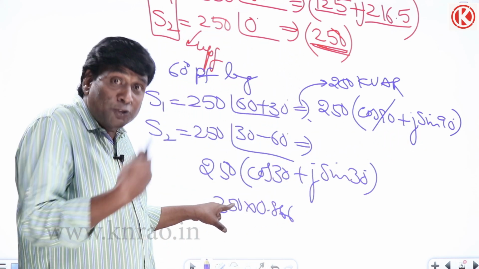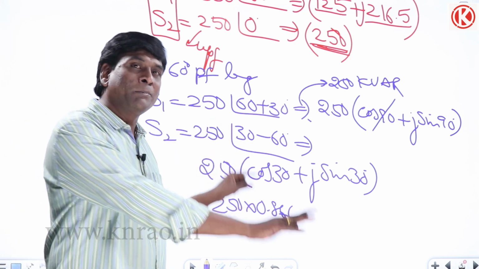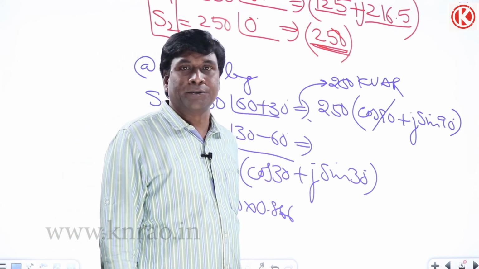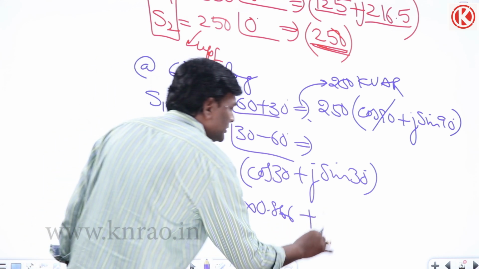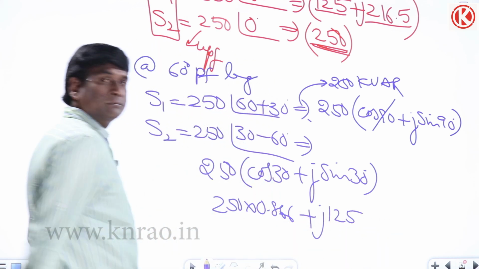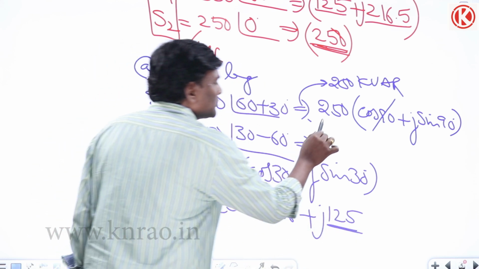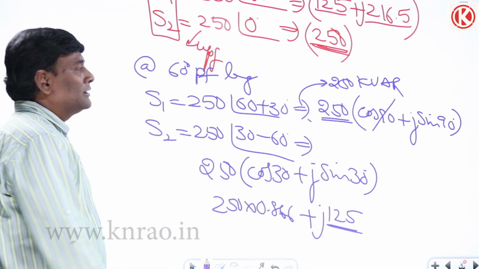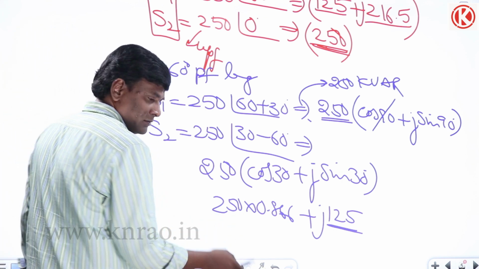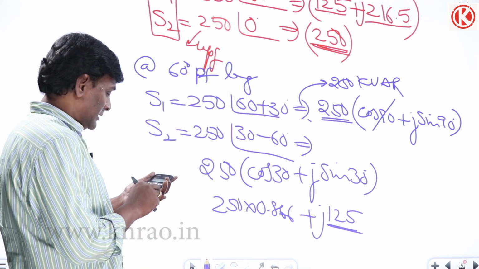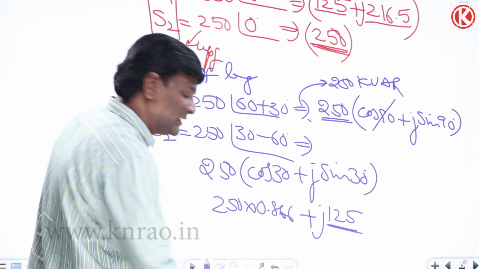This transformer also has to supply reactive power because a lagging power factor load has to be supplied reactive power. We discussed this many times in synchronous machines. Now sin 30 is 0.5, so j125. So 125 reactive power plus 250 gives a total of 375 reactive power supplied. And the active power is 250 into 0.866, which is 216.5.